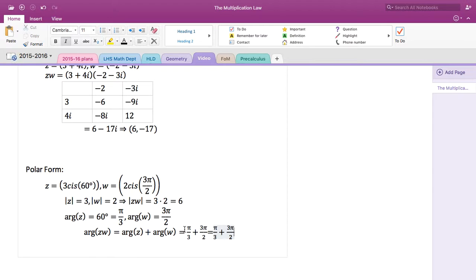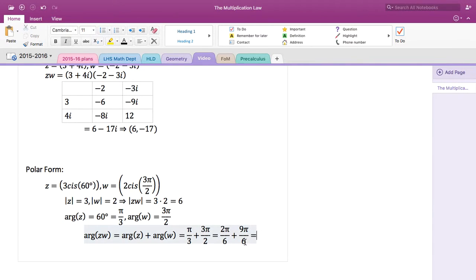If we do that, we definitely have to have a common denominator. For pi over 3 and 3 pi over 2, the least common denominator of 3 and 2 is 6. So pi over 3 is 2 pi over 6, and 3 pi over 2 will be 9 pi over 6.